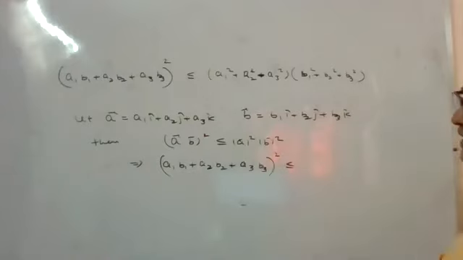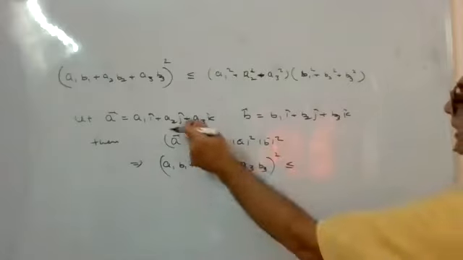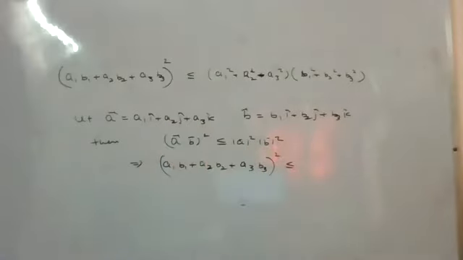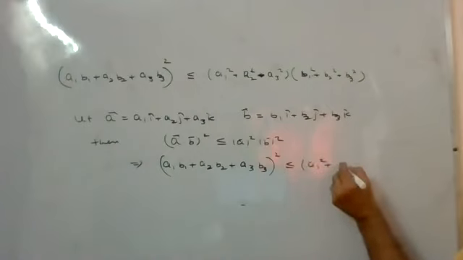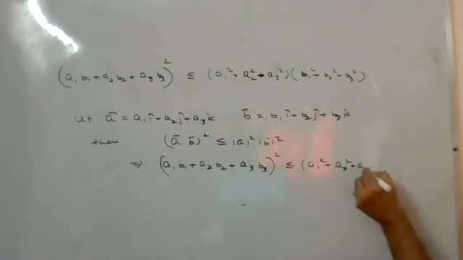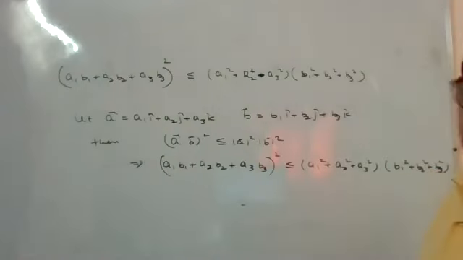Magnitude of A is under root of A1 square plus A2 square plus A3 square, and I am taking the square of it. And here it will come B1 square plus B2 square plus B3 square. Hence proved. So you can prove this also, that is in the component form they are asking. Next question, please.